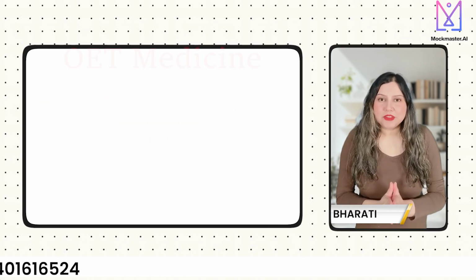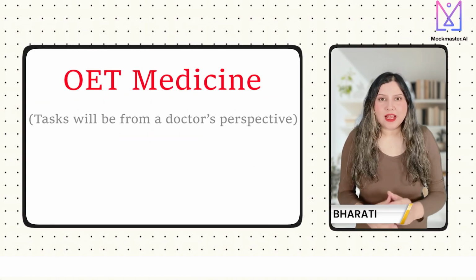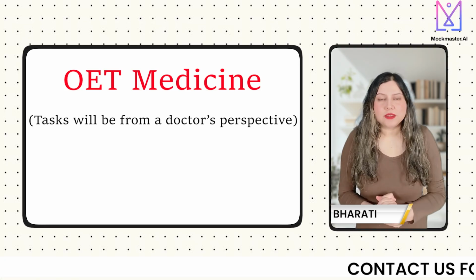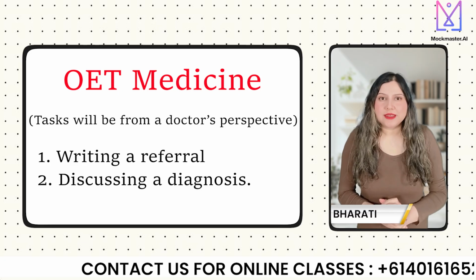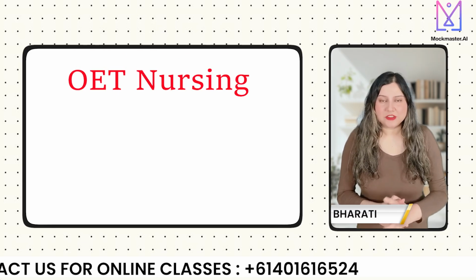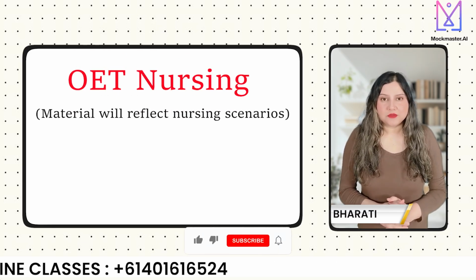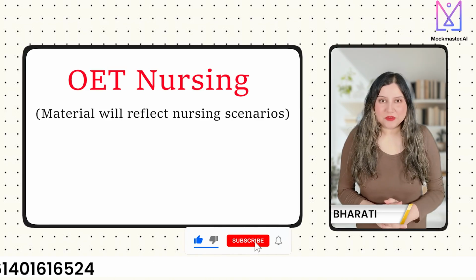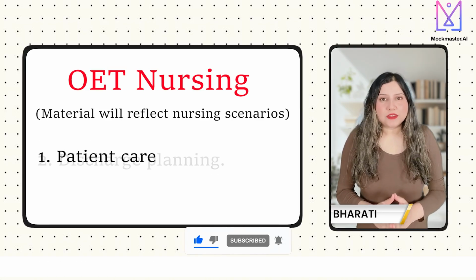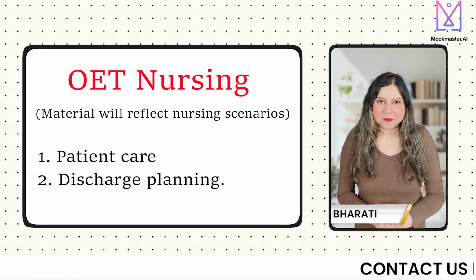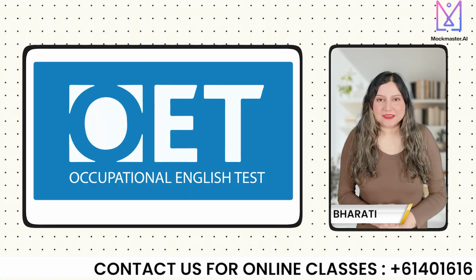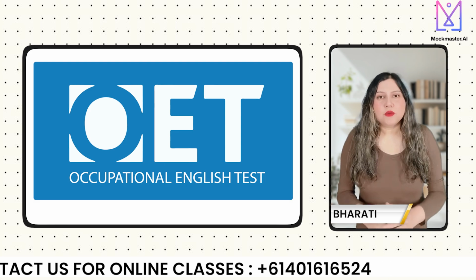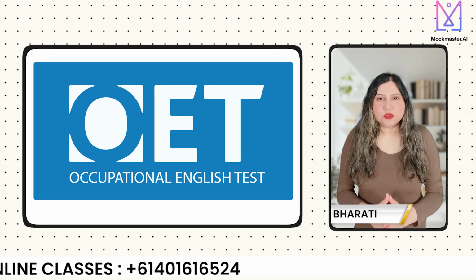That means if you're taking OET Medicine, your tasks will be from a doctor's perspective, like writing a referral or discussing a diagnosis. And if you're taking OET Nursing, your material will reflect nursing scenarios such as patient care or discharge planning. This design makes the OET incredibly practical. It doesn't just test English, it tests how you use English in your actual professional role.